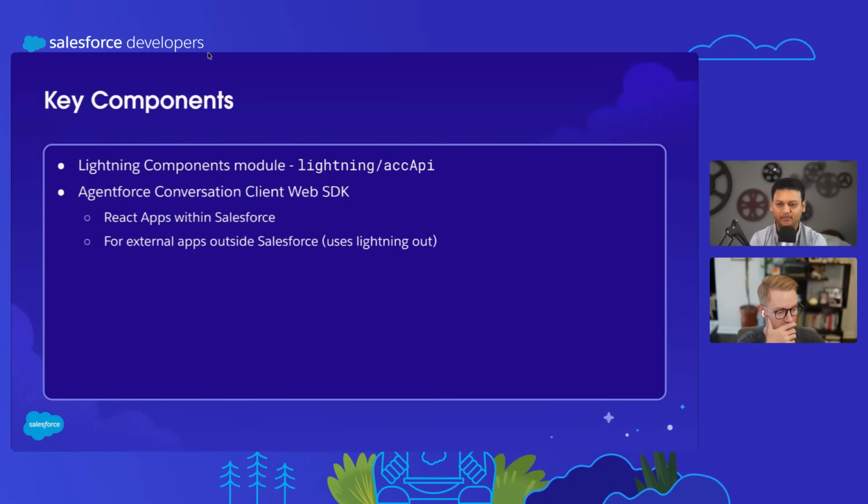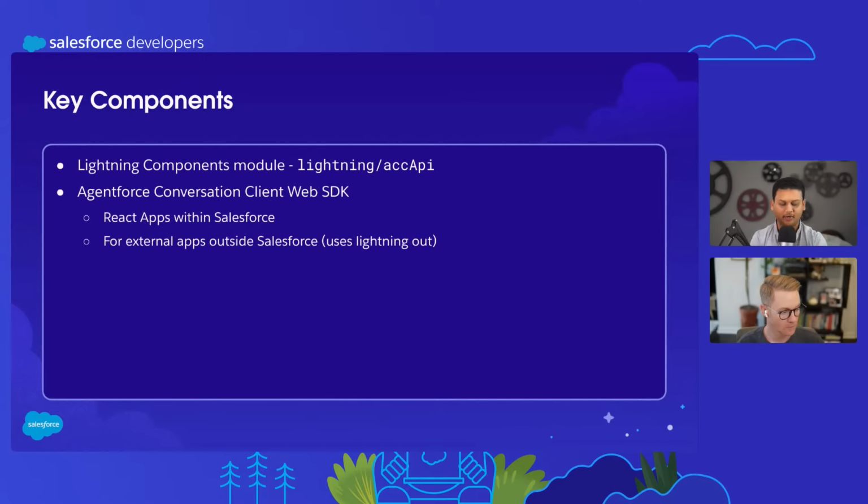With that, Sean, what are some of the key components? Or maybe I'll explain the key components, and then Sean will help you understand this by showing something he built, and we'll build some parts of it live today. The first key component, and this is good news for all you Lightning Web Components developers, is a new module called lightning/accApi.